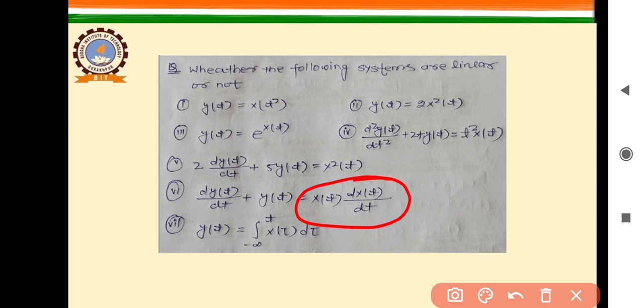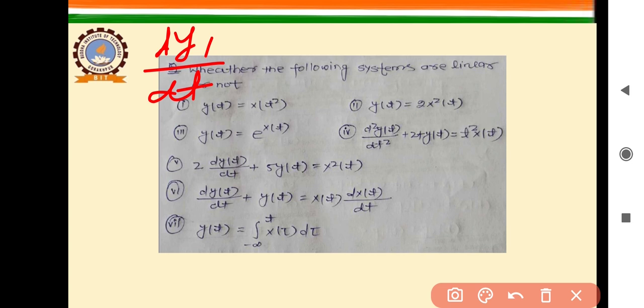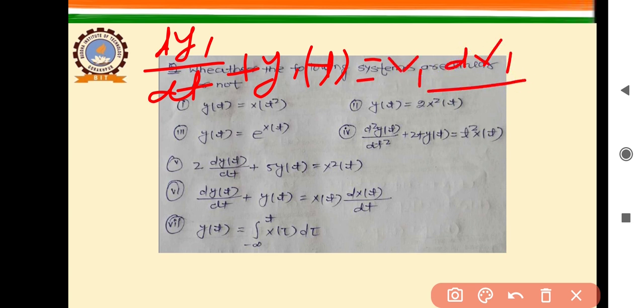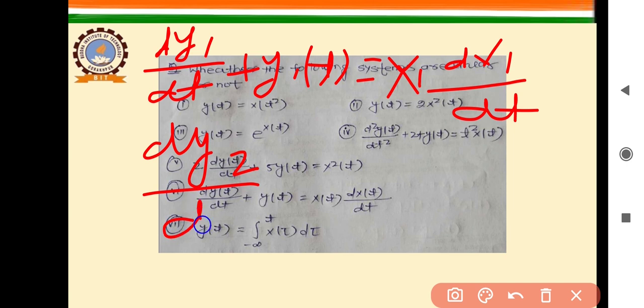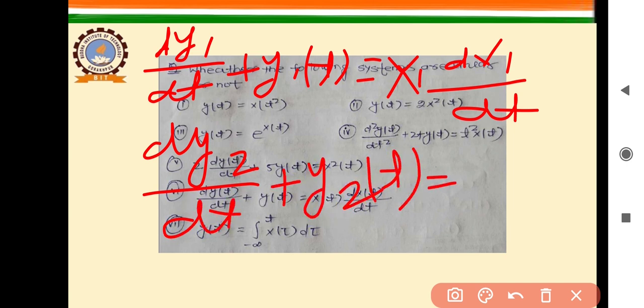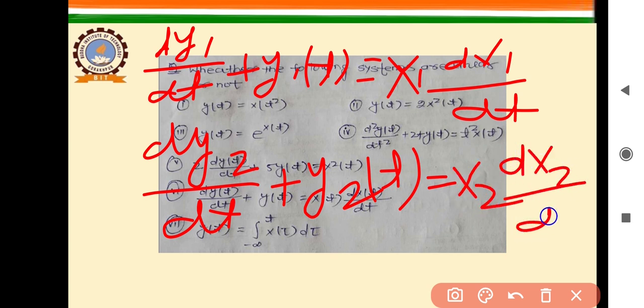We can check it as, once we replace x by x1 and y by y1, we will get dy1 by dt plus y1 t is equal to x1 into dx1 by dt, and again dy2 by dt plus y2 t is equal to x2 dx2 by dt.